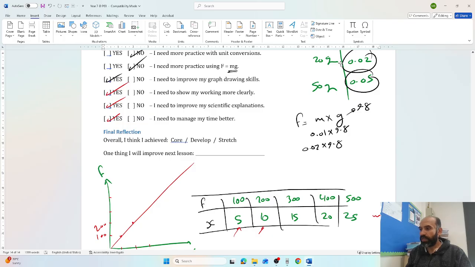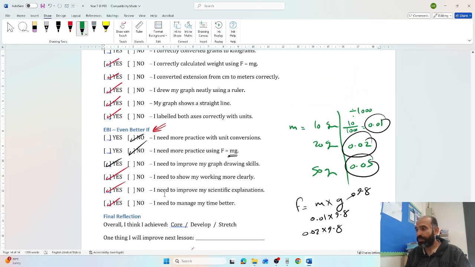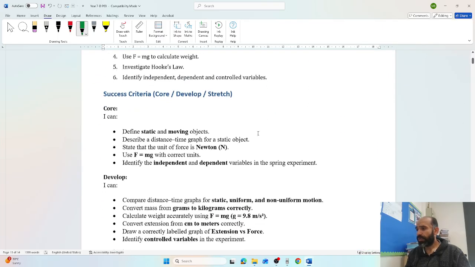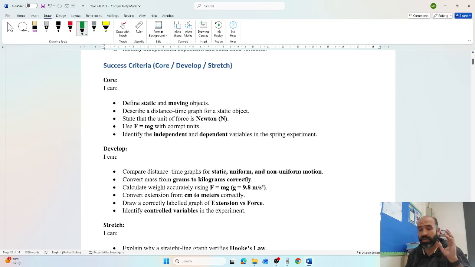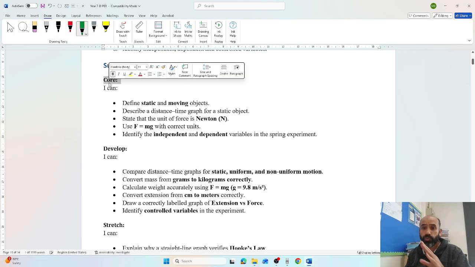Okay, then you will try to specify what is the level of understanding that you are currently at. You remember the first page. If you can define what is meant by static and moving object, describe the distance time graph for static and moving object, mention that Newton is the measuring unit of force, calculate the weight by using m times g, and identify the independent, dependent, and control variables, then in this case you will choose core.